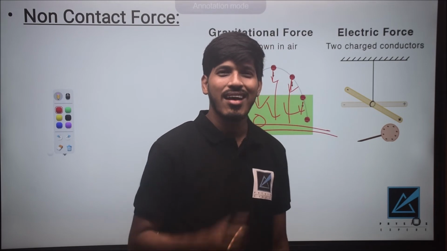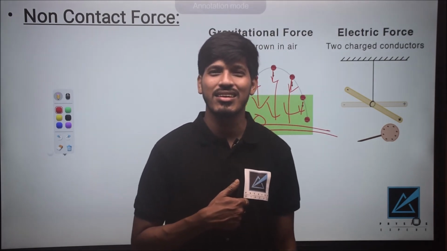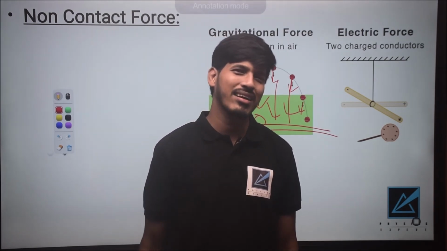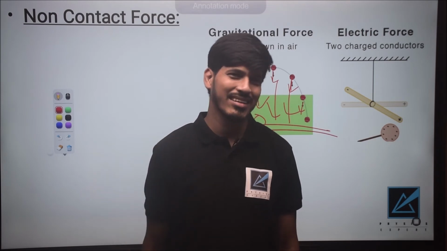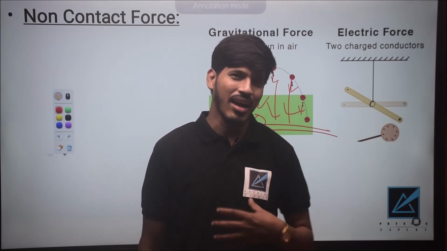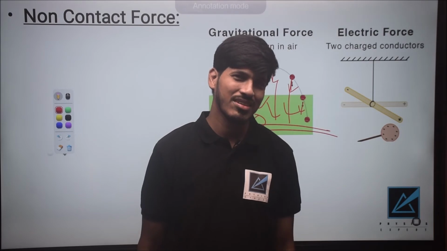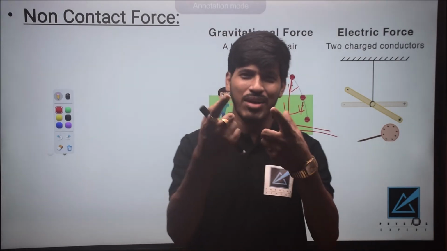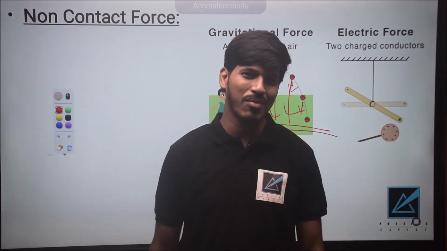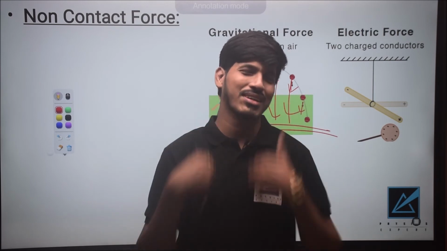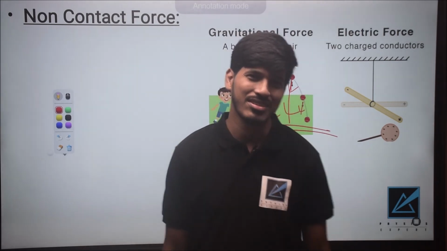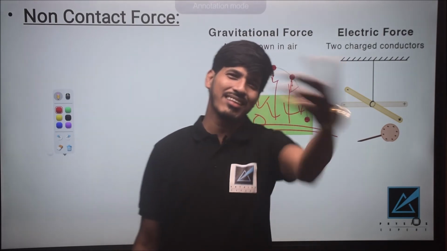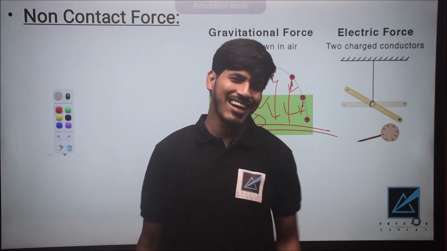Non-contact: I am attracted by the earth, you are attracted by the earth towards the center. Non-contact force. I am attracted by this camera, though I am not in contact with the camera, but still the camera is attracting me, I am attracting the camera, non-contact force, right? Earth is attracted by the sun, the sun is attracted by the earth.